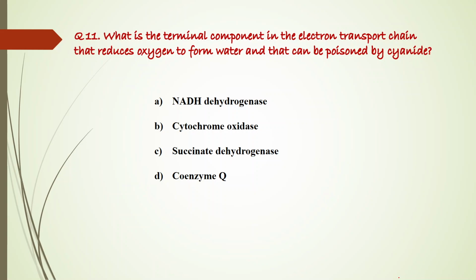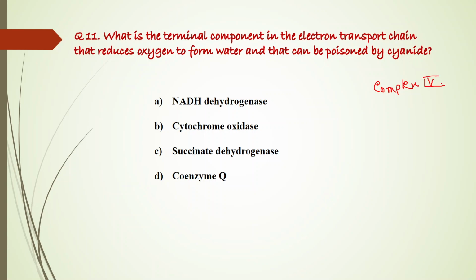You have your 4 options: NADH dehydrogenase, cytochrome oxidase, succinate dehydrogenase, and coenzyme Q. Select your option and then I will show it to you. So where do we have our oxygen to H2O conversion? That only happens in case of complex 4.